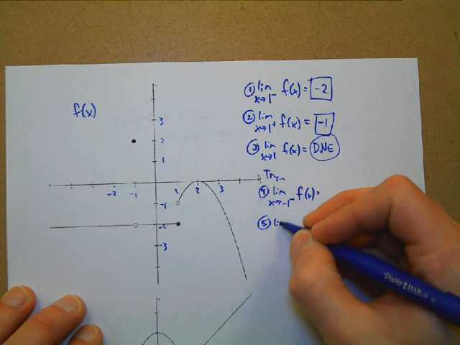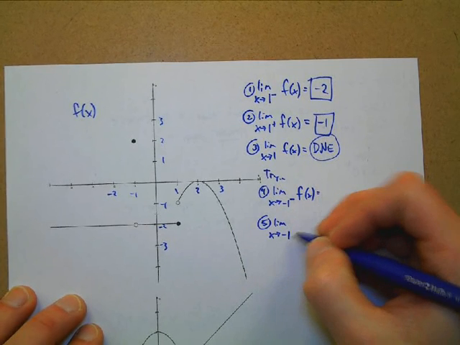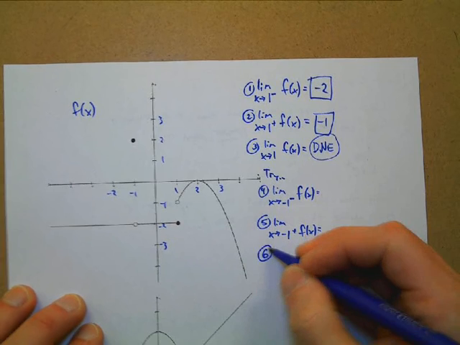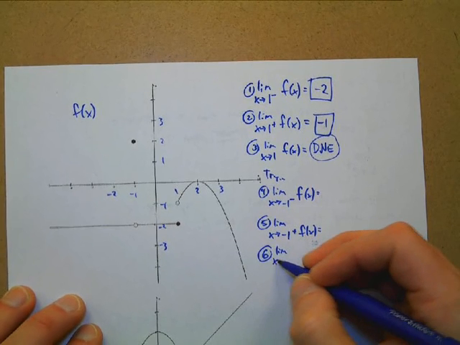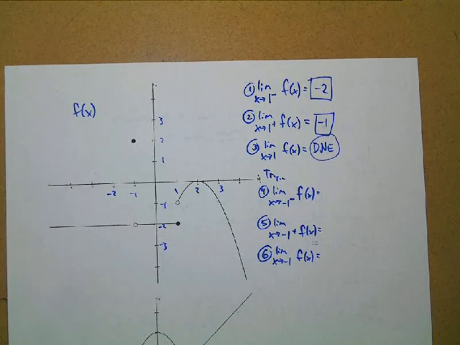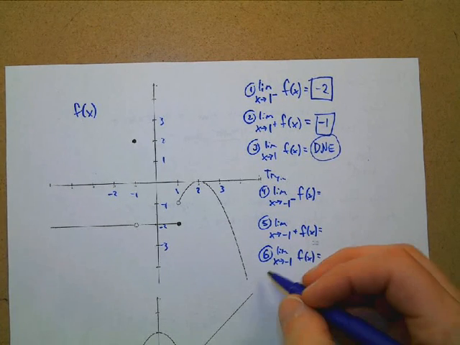Actually, I have 4 things. Okay, so try 4, 5, 6, and 7 there.